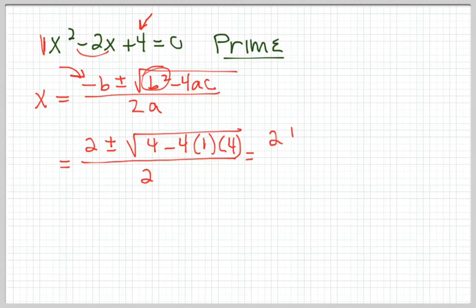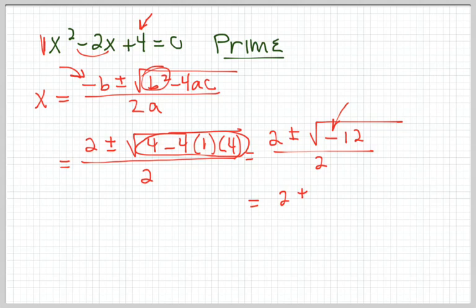Now it's just cleanup work. You got your calculator to find out the stuff under here called the discriminant. It's going to be 4 minus 16, or negative 12. There's that square root of a negative, so that's 2 plus or minus i root 12 over 2.